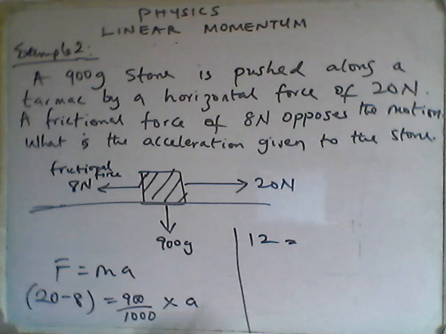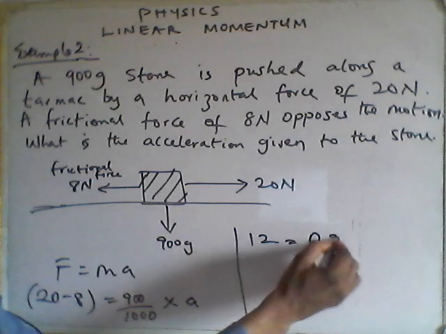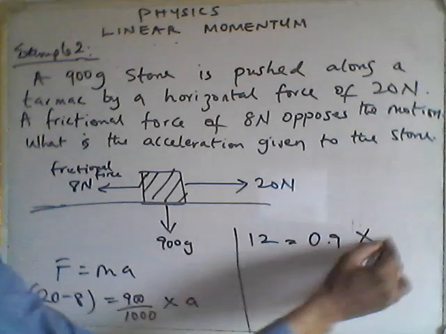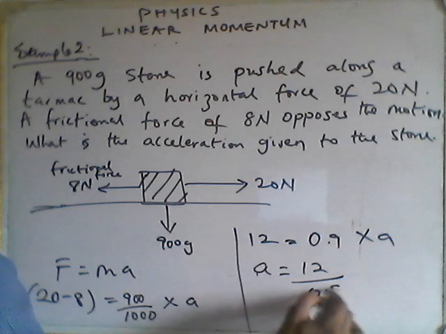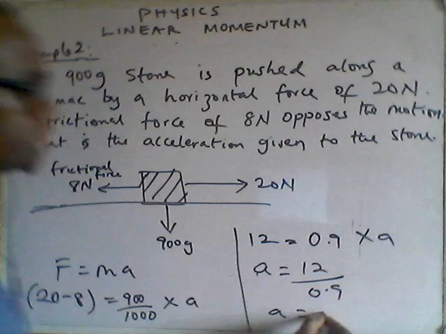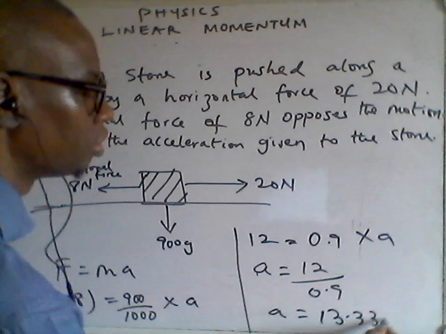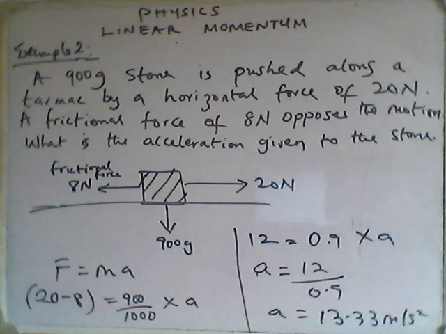So 12 is equal to 0.9 times A. So A will now be 12 over 0.9. By the time we compute, we'll be getting 13.33 meter per second square. So this is the acceleration of this body.